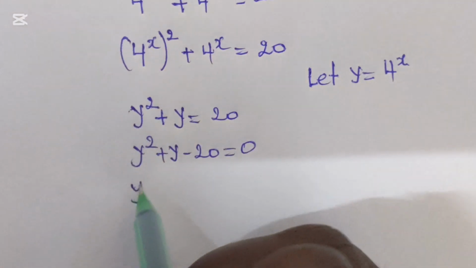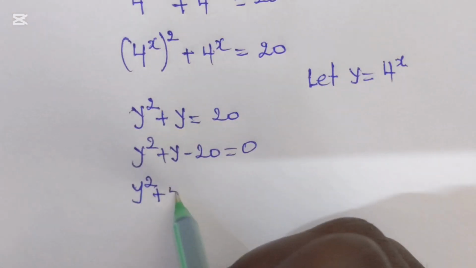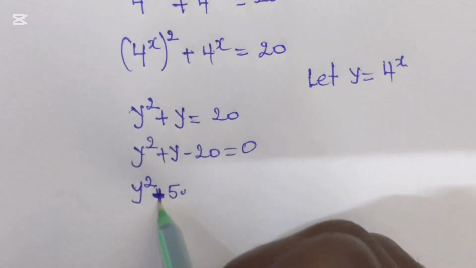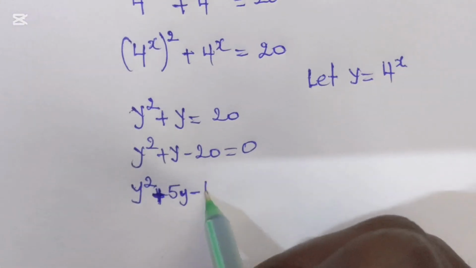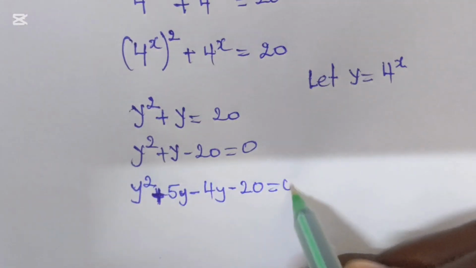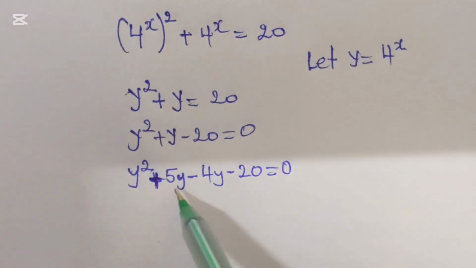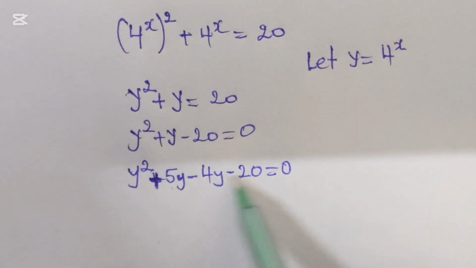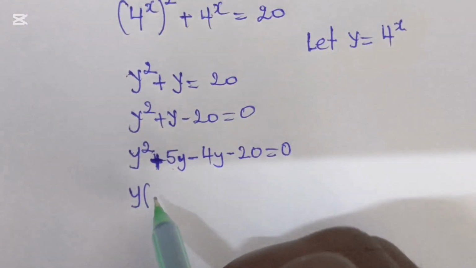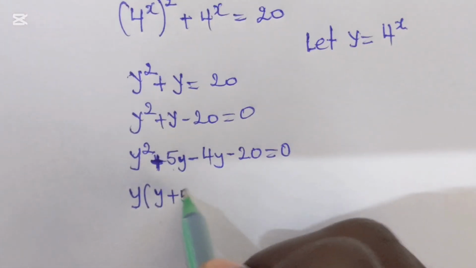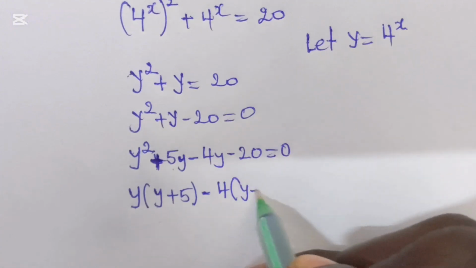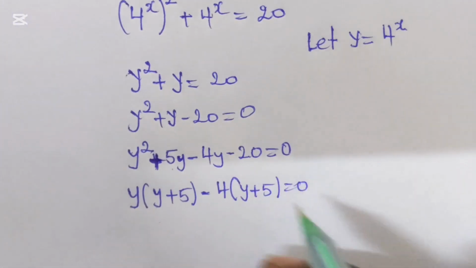This will give y squared plus 5y minus 4y minus 20 equal to 0, because if we add we get this, and if we multiply we get this. Now factorize out y here to get y plus 5, and minus 4, factorize 4 here to get y plus 5, equal to 0.